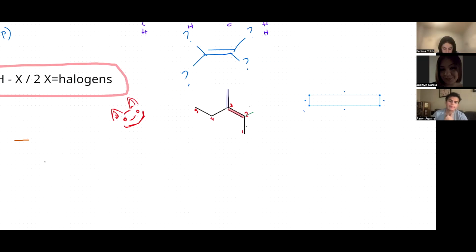Pentene. 3-methyl, 2-pentene. This pentene specifies the 3-methyl. There you go.